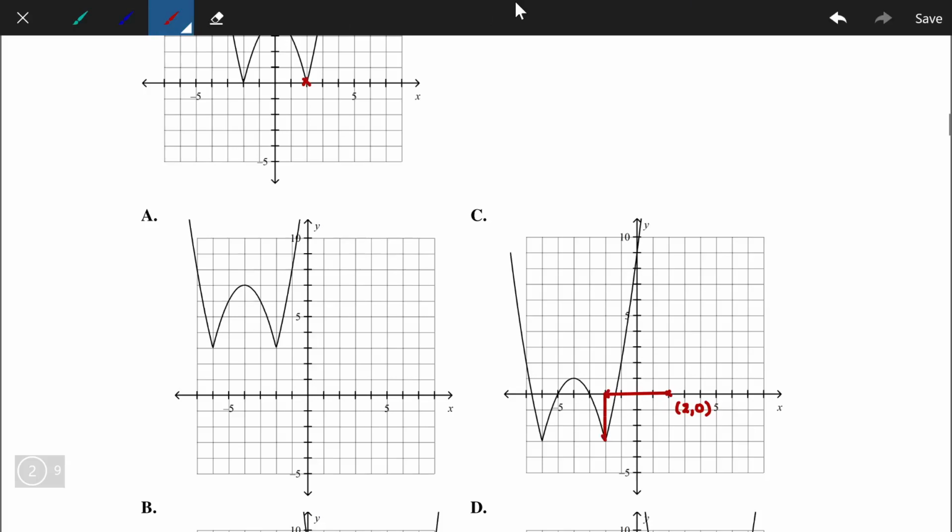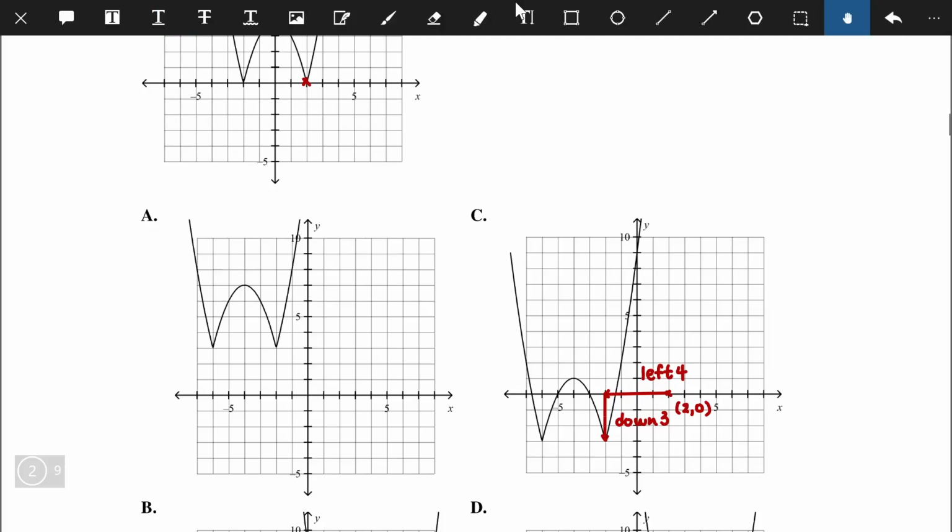And then the rest of the points also matches, so this is the correct graph. Okay, so the choice here is C.